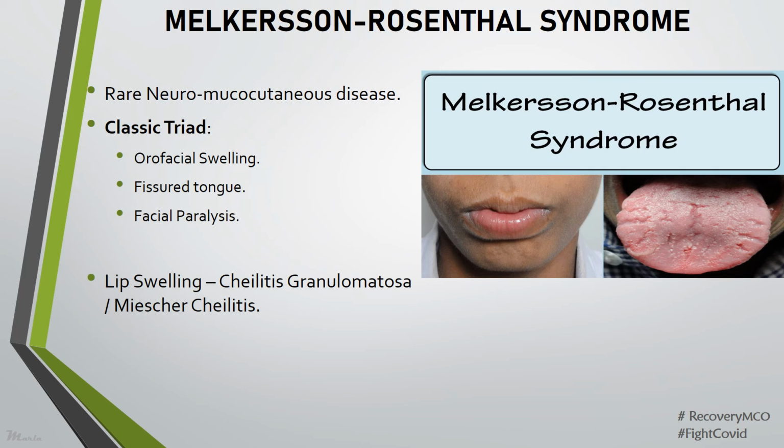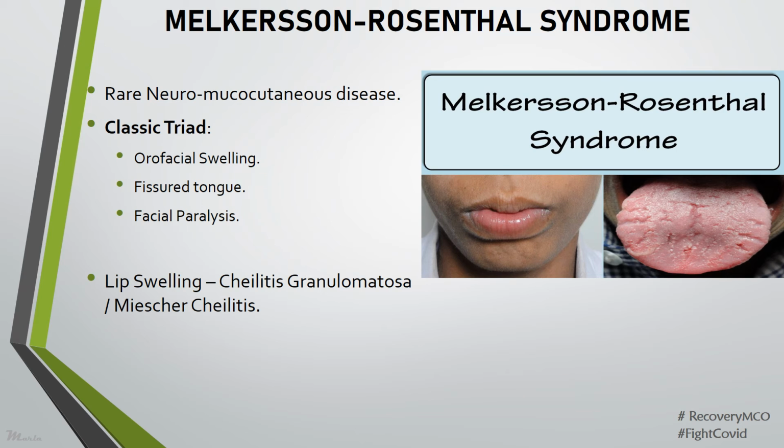Moving to the next, orofacial granulomatosis is what we refer to as the Melkersson-Rosenthal syndrome. It is a rare neuromucocutaneous disease and shows the classical triad of orofacial swelling, fissured tongue and facial paralysis.